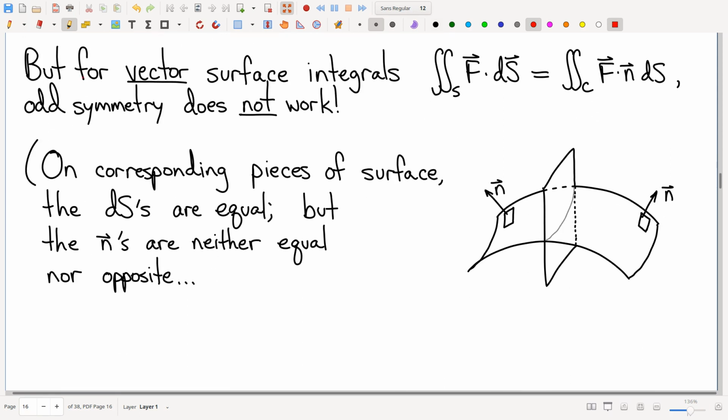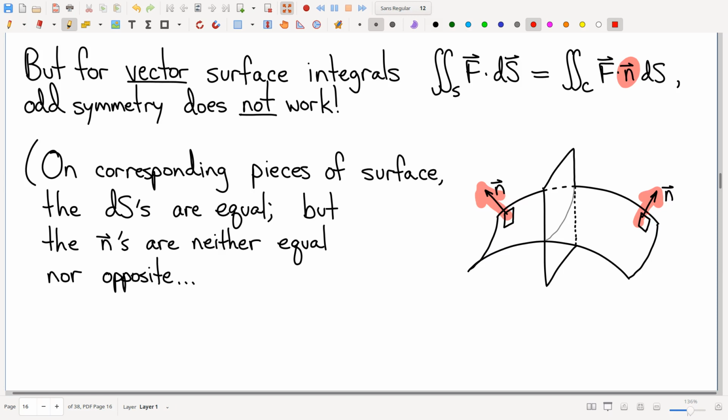And if you try to make an odd symmetry argument with vector surface integrals, well, part of the deal is that normal vector, and symmetric though that surface is, these normal vectors are not equal to each other. The little areas, maybe, yeah, sure, fine. But the normal vectors, they're not equal. They're not negatives. There's nothing you can do with that to recover an odd symmetry theorem. So it just doesn't work.